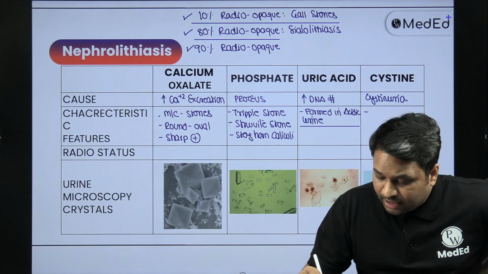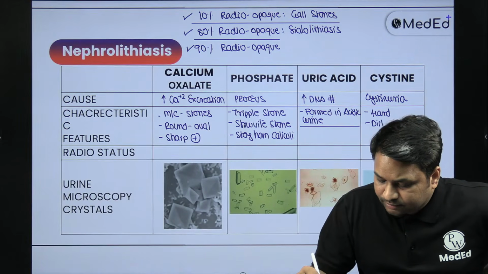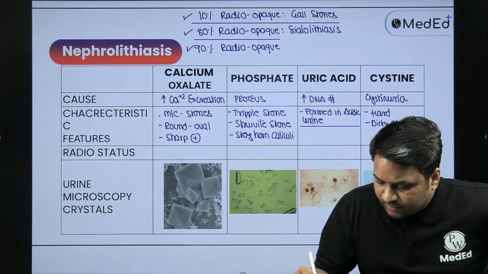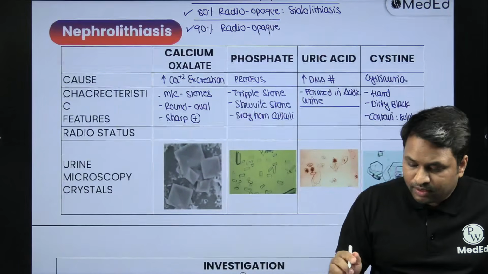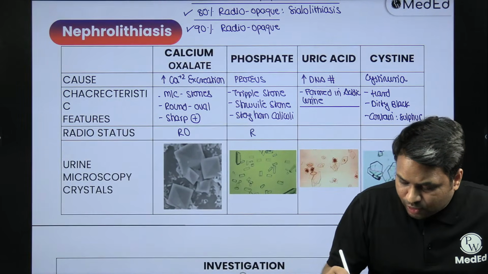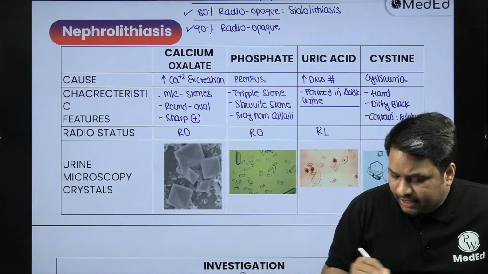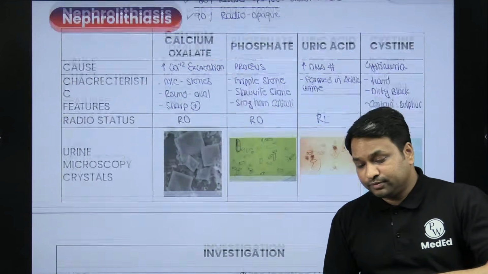Cysteine stones are hard and dirty black, and they contain sulfur. Calcium oxalate is radio-opaque. Phosphate is radio-opaque. Uric acid is radiolucent. Cysteine is also radio-opaque because of sulfur.